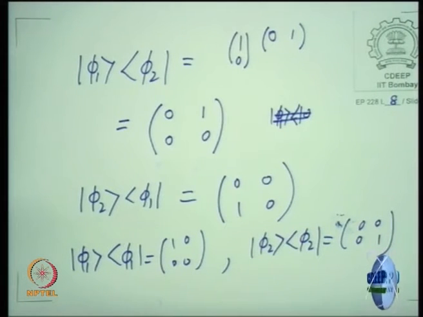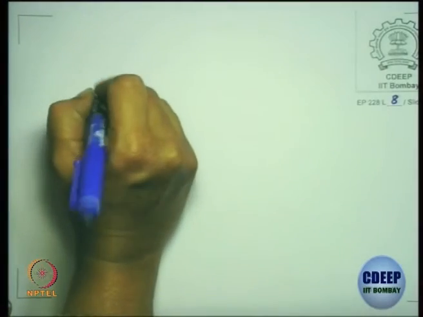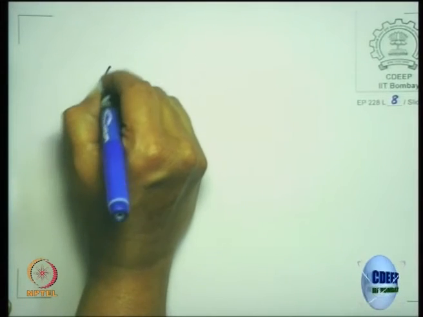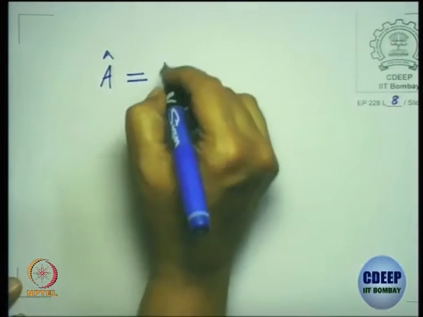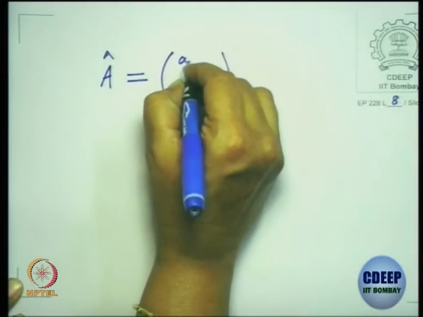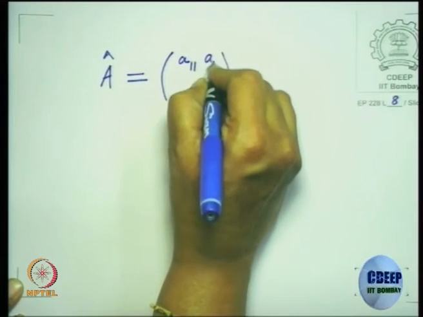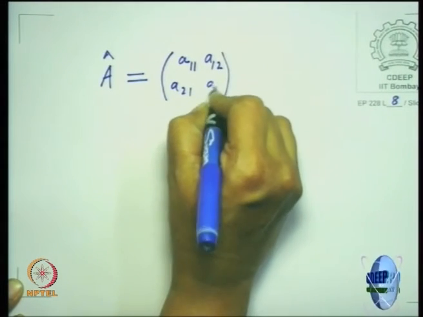Any 2 by 2 matrix which you write can be represented in terms of this Dirac notation, where you will have 4 possible basis operators built from phi 1 and phi 2 in the 2-dimensional case. So, let me write that. If you take some operator A, you can write a representation for this in this 2-dimensional vector space as A11, A12, A21, A22.